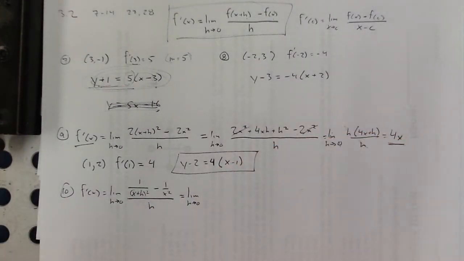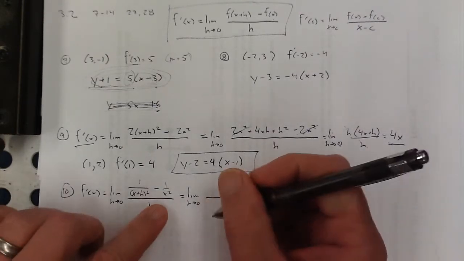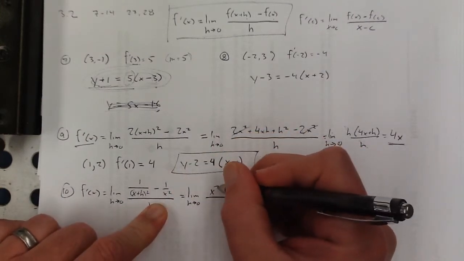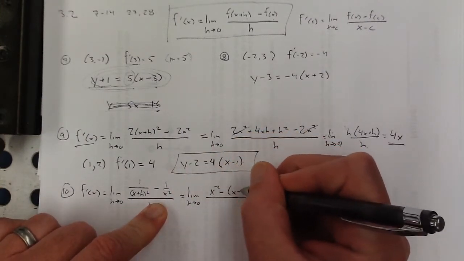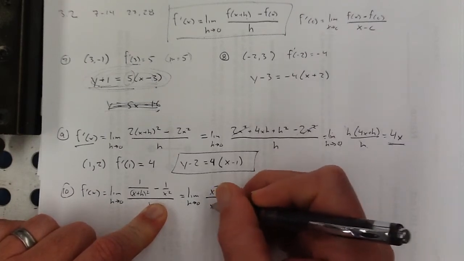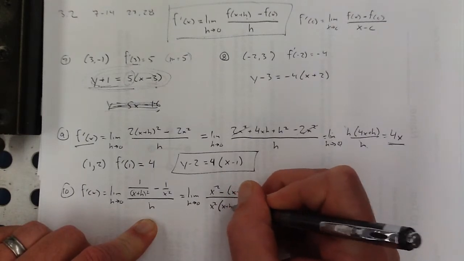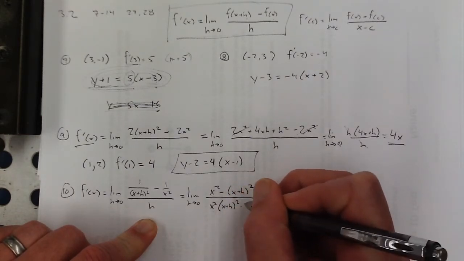Now, okay, we're back to that situation where you can either do the common denominator thing or you can multiply through by that common factor to get rid of denominators. Either way, you should end up with a next step that looks like x squared minus (x plus h) squared over x squared times (x plus h) squared times h.